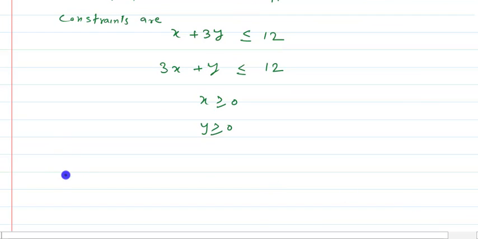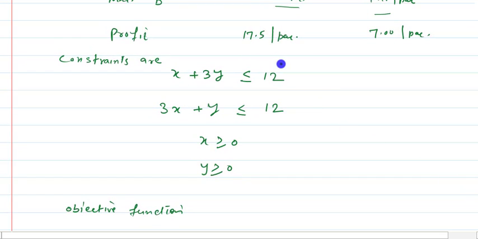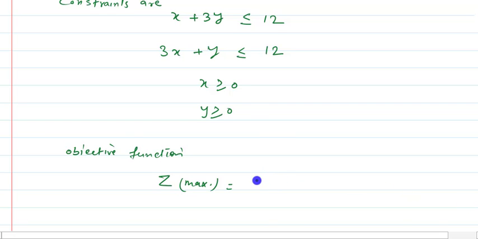Now we need to make the objective function. So the objective function is Z maximize, because we need to maximize the profit. So we'll write here Z maximize, and it is given that on one packet there is 17.5 rupees profit on nuts, that is 17.5x for x nuts, and 7 rupees per package, it means 7y for y packages.